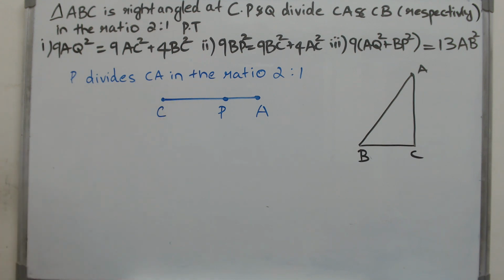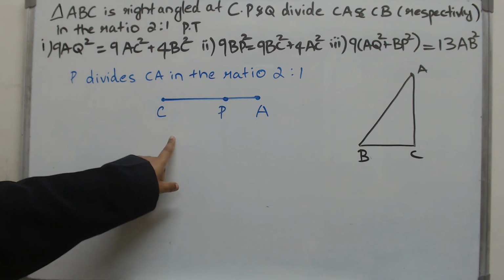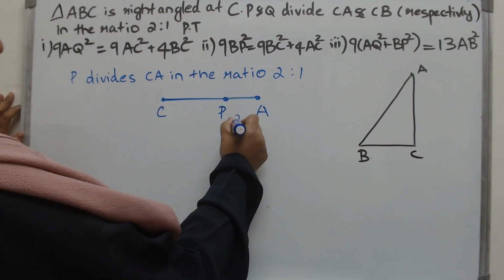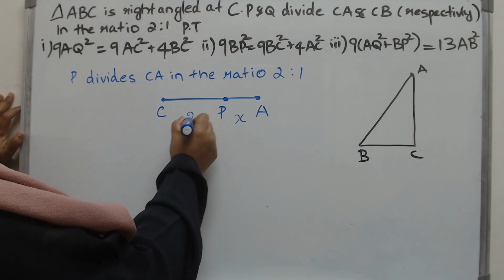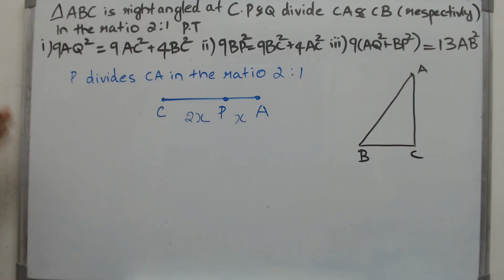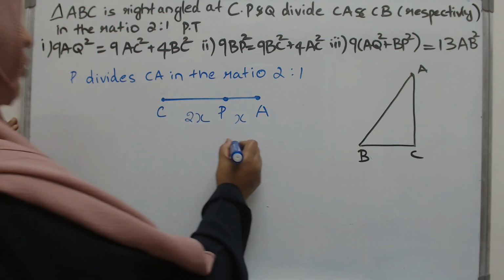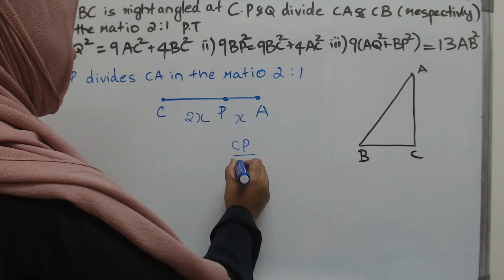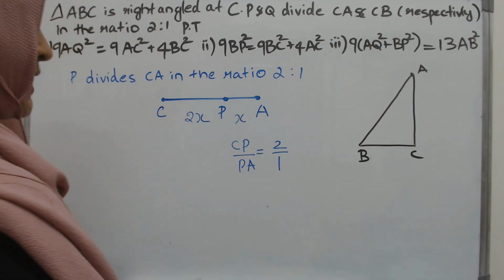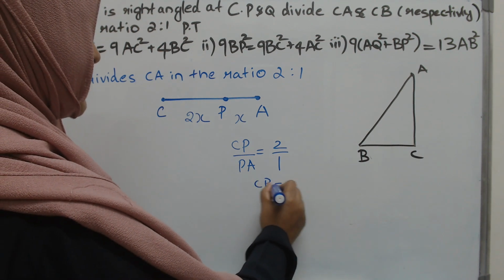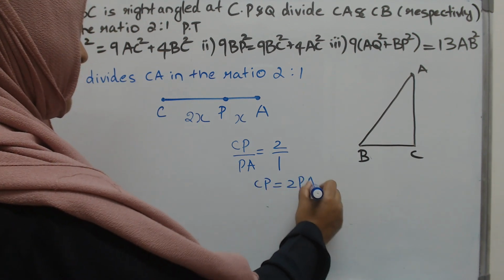If you like dealing with variables, then what we mean by this is, if PA is say x centimeters, then CP is actually 2x. Or if you like dealing with ratios, then CP by PA is equal to 2 by 1, or in other words CP is equal to 2PA.